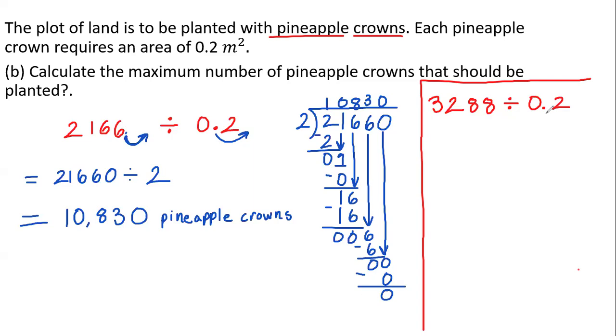We're gonna carry it over from the 3288 and add a 0. We're gonna bring this over 1, and similarly bring this over as well. So the new number will be 32880 divided by 2.